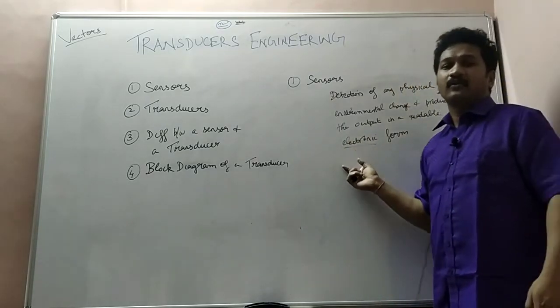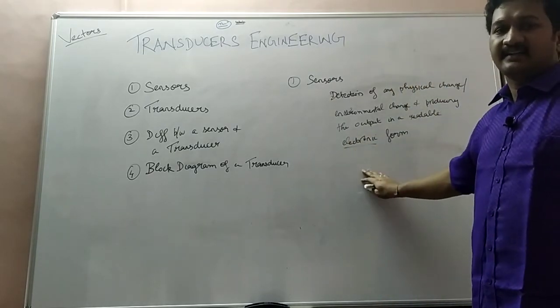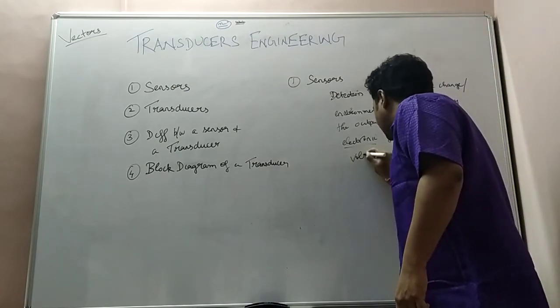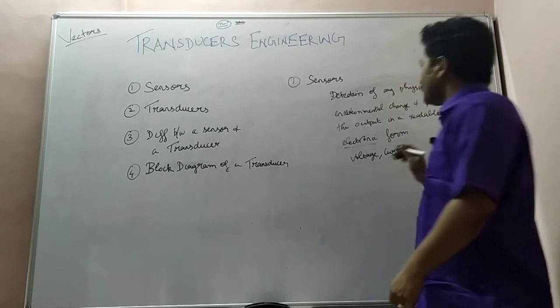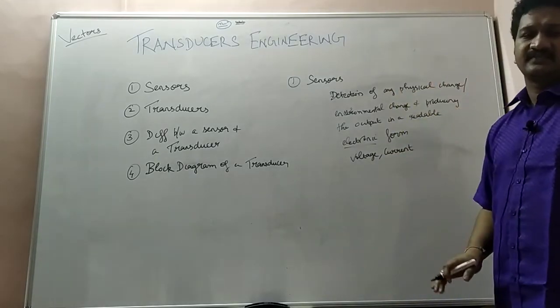When I say electronic form, it means in terms of voltage, current, etc. So this is the basic definition of a sensor.